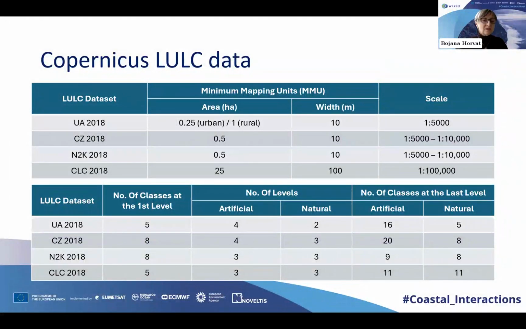For example, it recognizes only one urban class, while Coastal Zones recognizes, I think, 3 urban classes. Urban Atlas, as opposed to those two data sets, recognizes 4. So we adopted that classification for the exposure analysis of the assets in the urban areas.